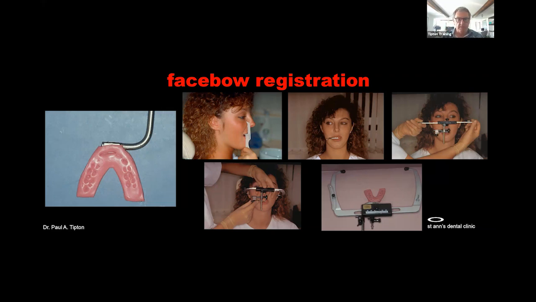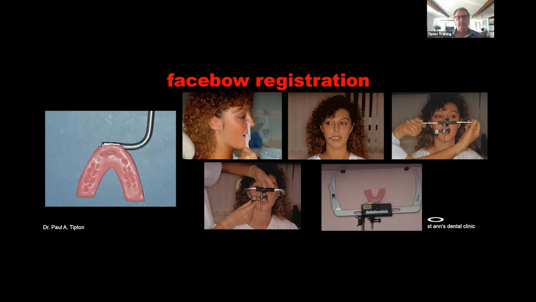So 75% of the time, if you do everything else right, then your face bow will give you a good degree of accuracy. 25% of the time, you may be disappointed in the occlusal accuracy. It will still be more accurate than if you didn't take a face bow and just used handheld casts. However, you will need to do a reasonable amount of adjustment. So that's 1 in 4 cases.